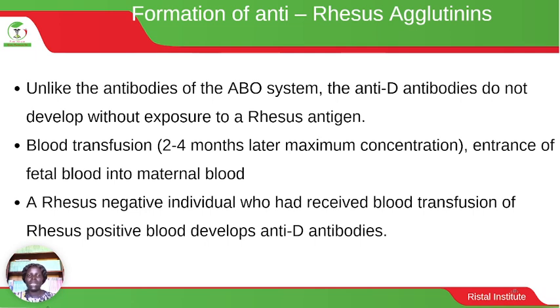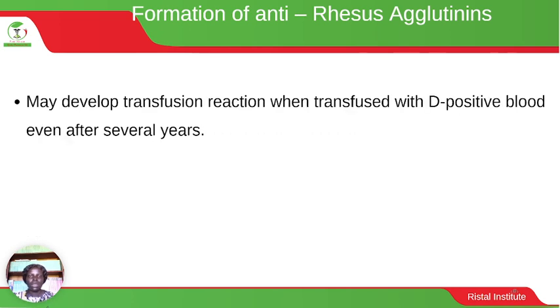Secondly, for instance, if the mother is rhesus negative and the husband is rhesus positive, and she is carrying the baby for the first time, during birth the blood of the baby mixes with that of the mother, and likely the mother will develop antibodies against the rhesus. She may develop a transfusion reaction when transfused with D positive blood even after several years.